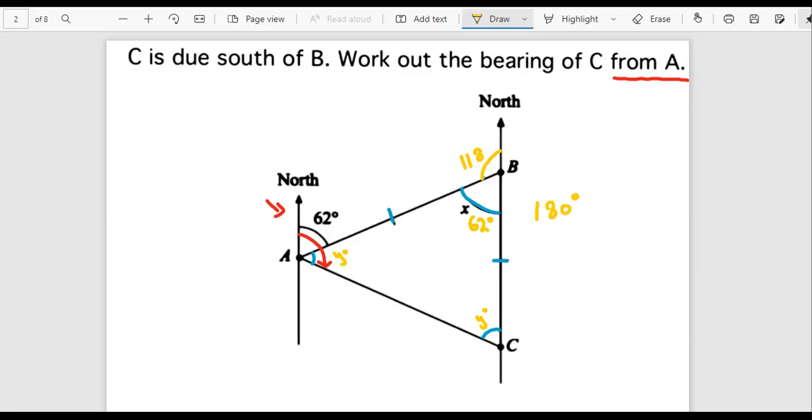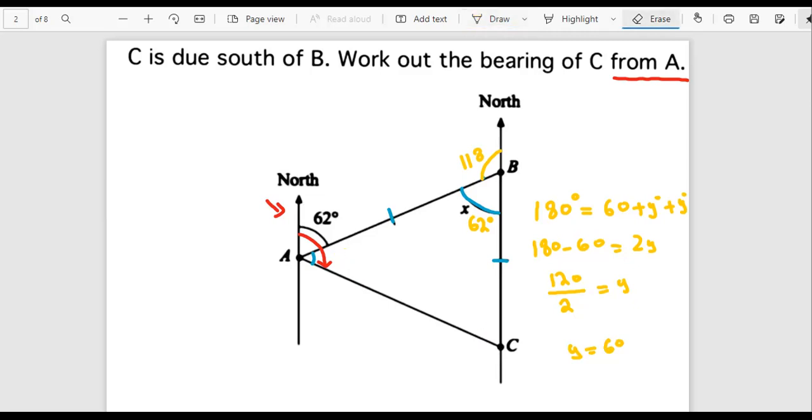The sum of angles in a triangle is 180. 60 plus y is going to be 180. 180 minus 60 equals y. That is 120 divided by 2 equals y. And y is going to be 60. So this means y is 60. That is, we are done.